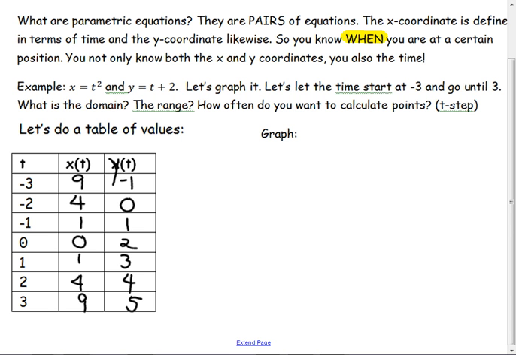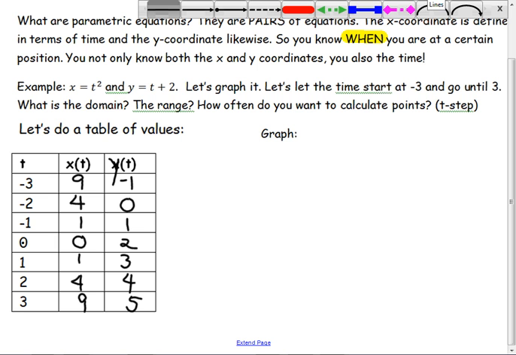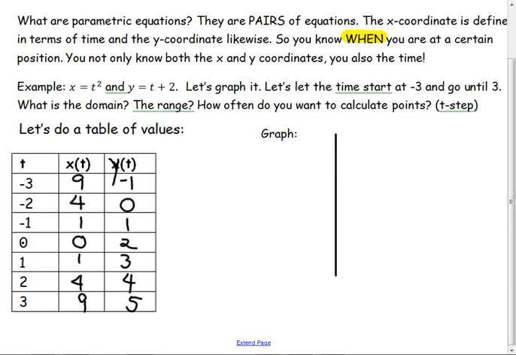Okay, now let's graph this. We're going to have an additional component there. My x's are going to go between 0 and 9, and the y's will go from -1 to 5.